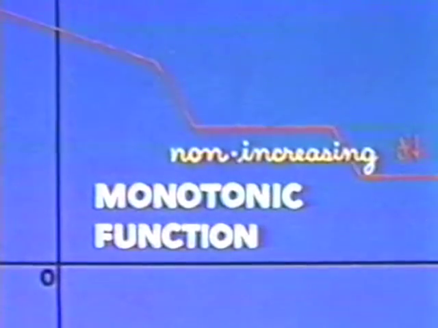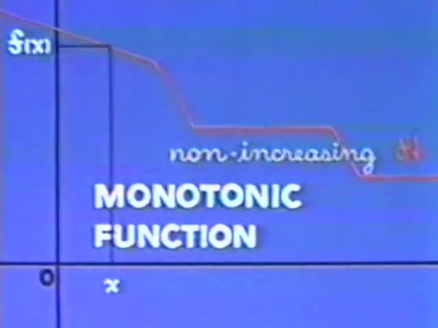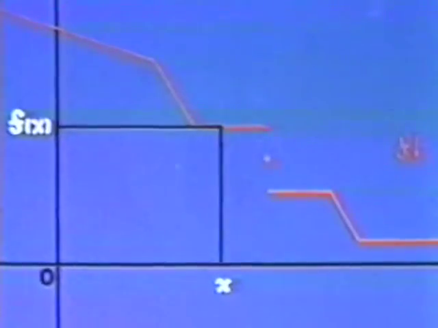Here is the graph of a monotonic non-increasing function. The function values in this case tend to decrease as x increases. This one is also non-increasing and has a discontinuity.